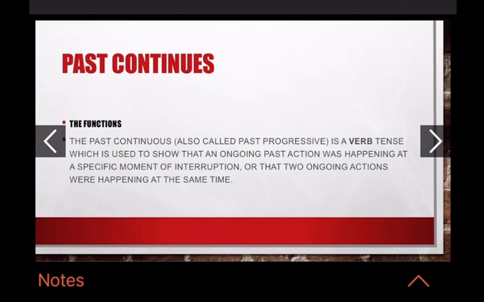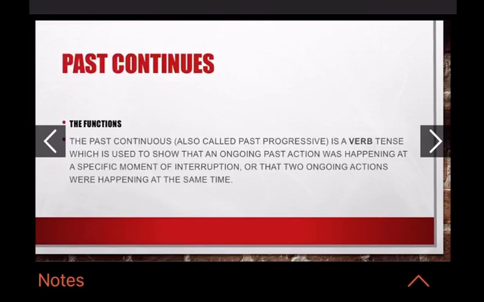The second action interrupts the first action. So when you want to talk about an interrupted action, you have to use the past continuous. We can say past continuous or past progressive, and they are both correct.